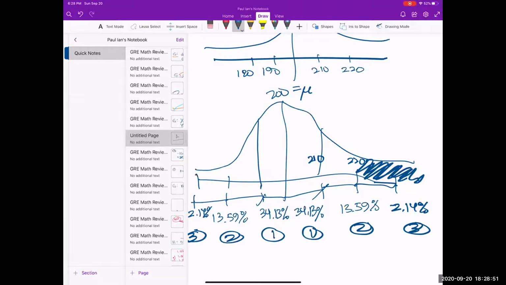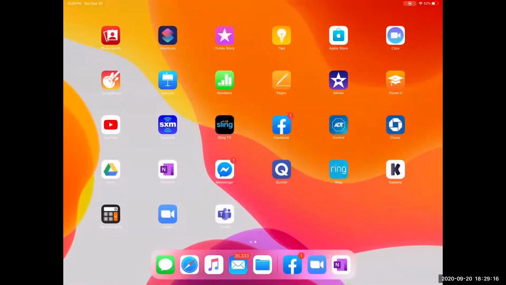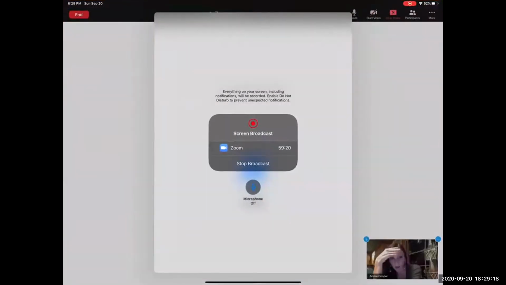Let me just take out this part. 1, which is that guy, and then 2. It's everything here. If you drew this, let me just share this part with my other screen. It makes more sense.